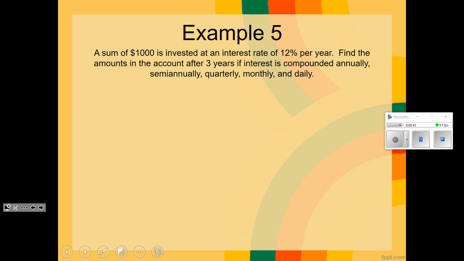A at T is equal to P times the quantity of 1 plus R over N. Oh, there's not a fraction in the middle? Okay, I don't know why I was thinking there is. Okay, I got you. That's a big set of parentheses, isn't it?